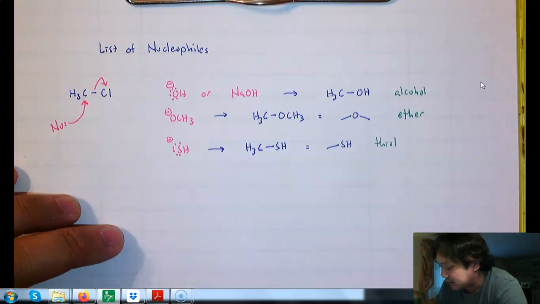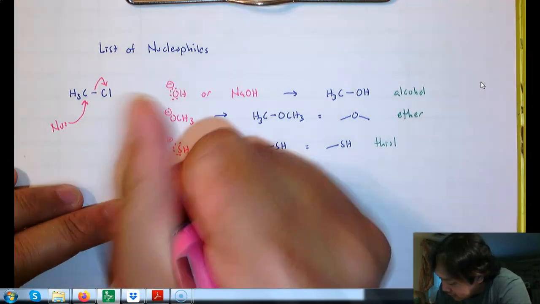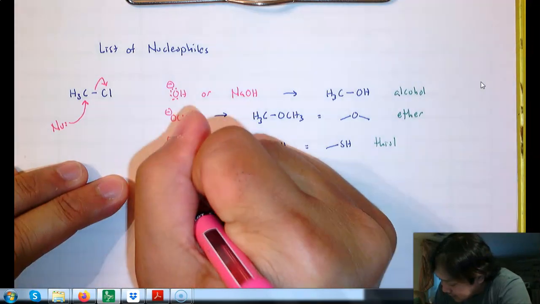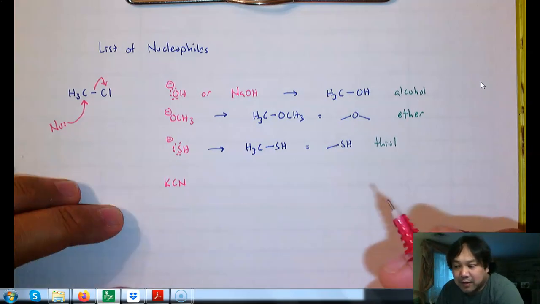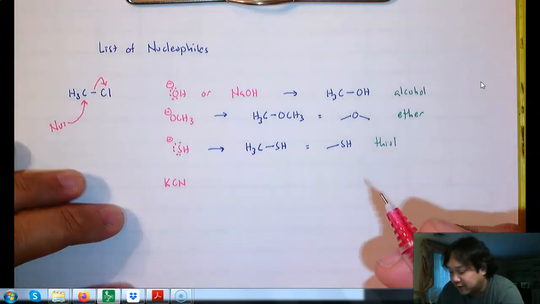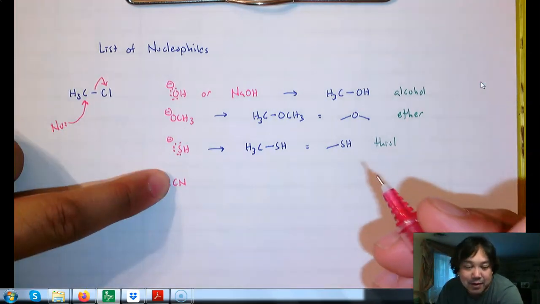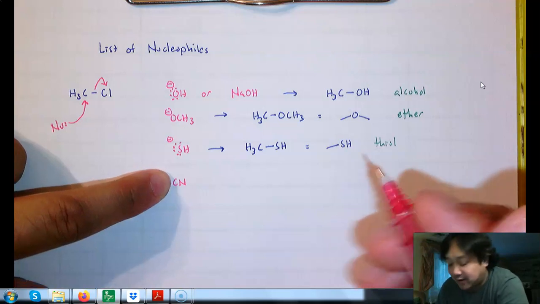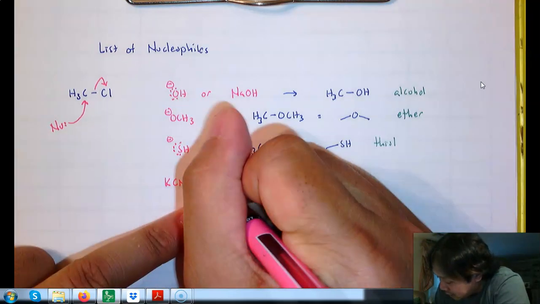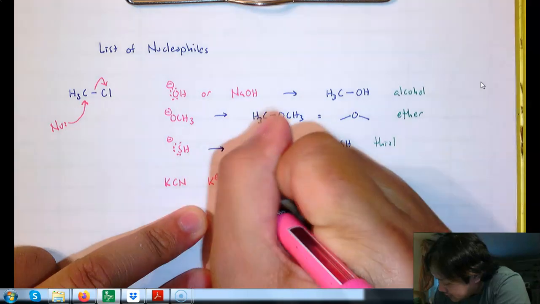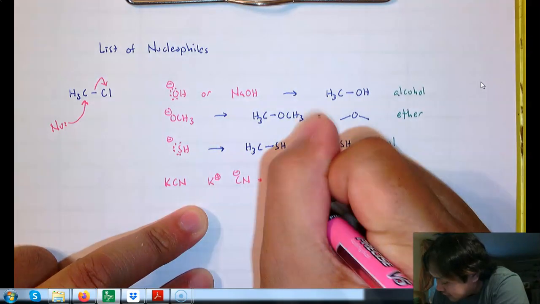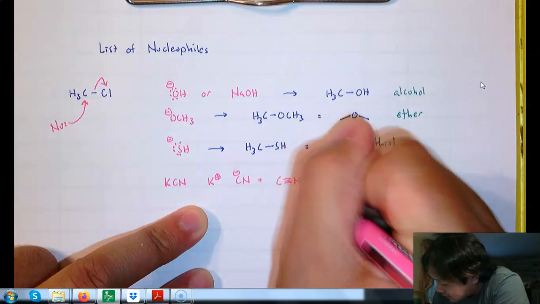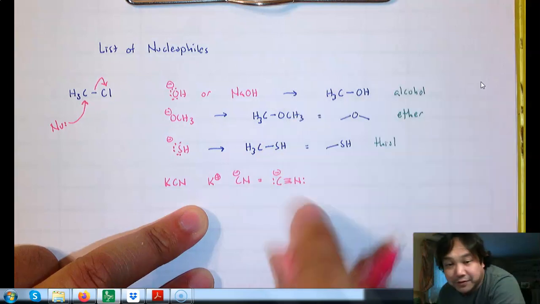Let me show you this one. This one's an interesting nucleophile. Potassium cyanide. This is interesting because if you remember your general chemistry, you know that CN is actually a polyatomic ion, an anion, and you could break it up into K plus, CN minus, and you should know that CN minus is this, a triple bond.